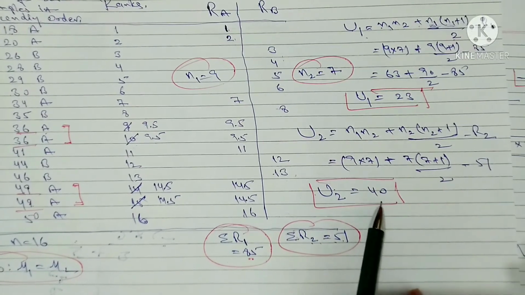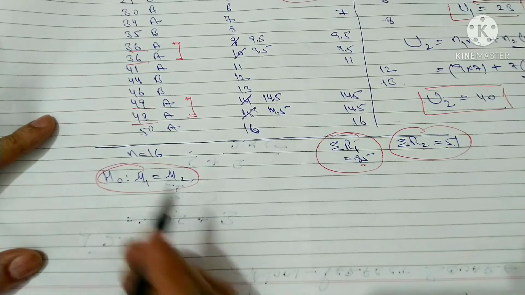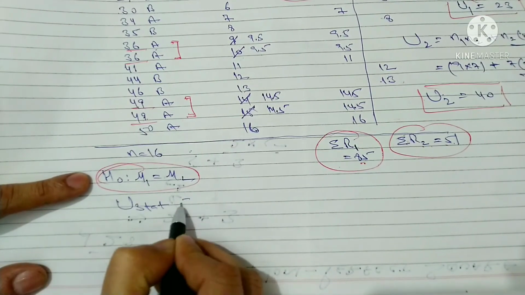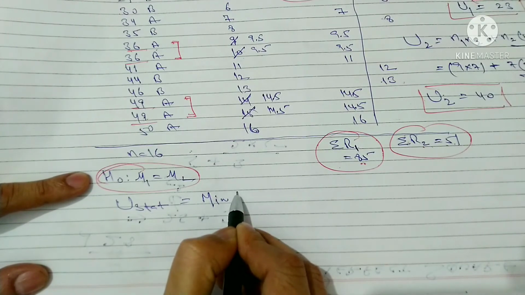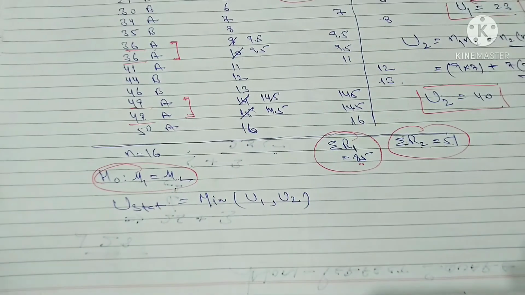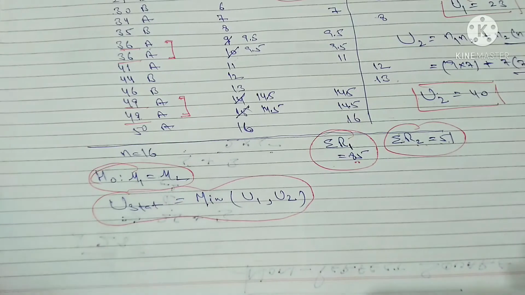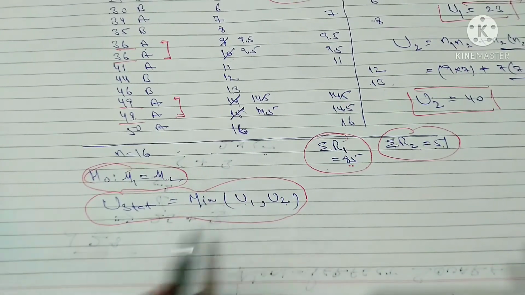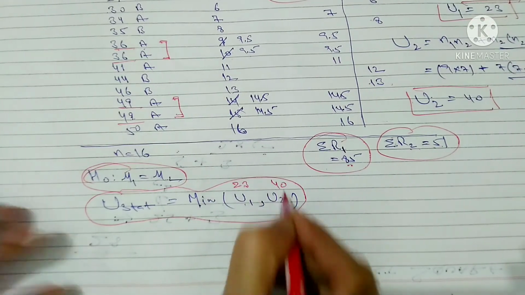Now the U stat value for the U test: the formula for the calculated value U stat is the minimum of U1 and U2. U1 is 23 and U2 is 40.